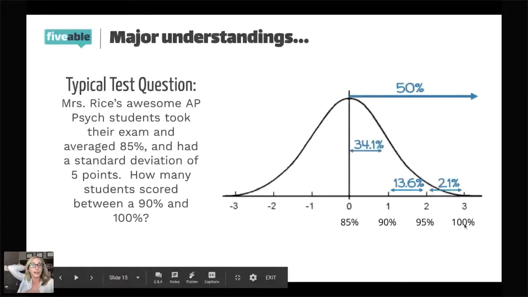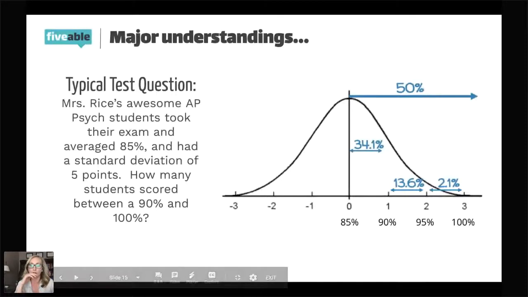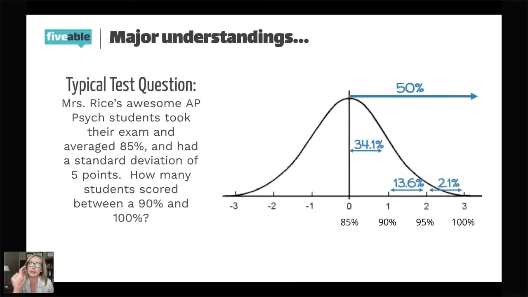Now, they could also totally throw you for a loop. Not that I shouldn't say it that way, because they won't, because you're here and you're going to learn and it's not going to stress you out and it's going to be great. But they could give you all this information and then say how many students on a normal distribution of scores scored between 1 and 3 standard deviations above the mean.